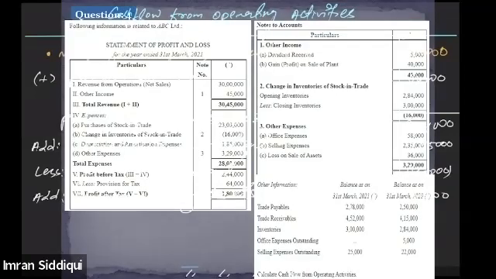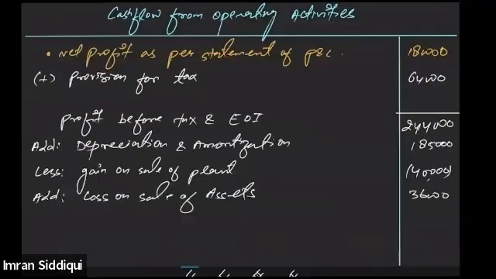Apart from this, dividend received is not operating income, it is financing or investing income. So we'll be writing dividend income in the investing activity. So we will have to subtract it from here. Less dividend received.